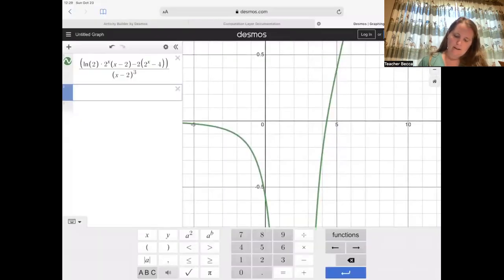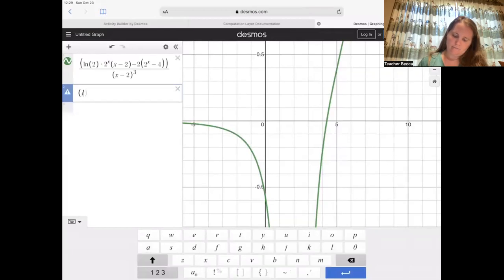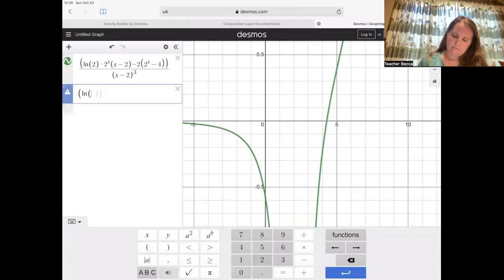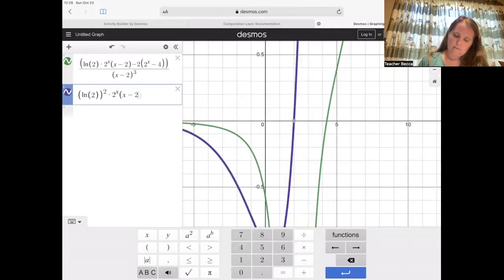So we are looking at the natural log of 2 squared times 2 to the x times (x minus 2) raised to the negative 2.